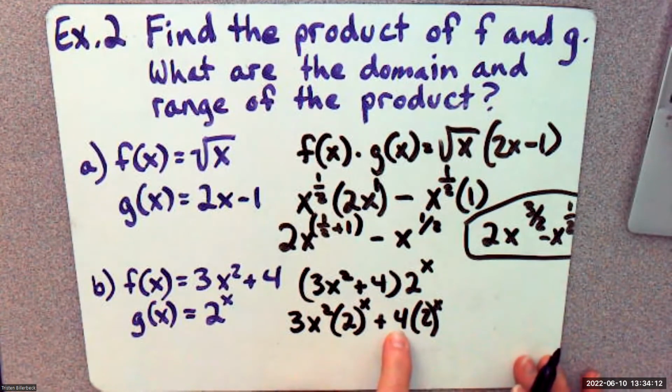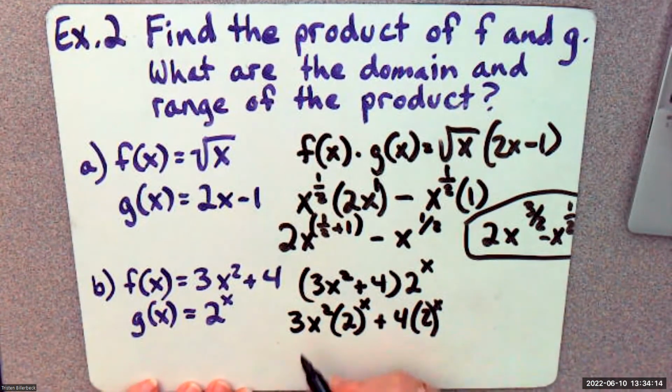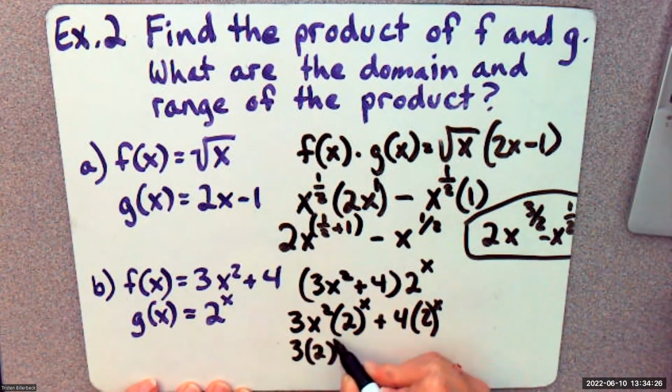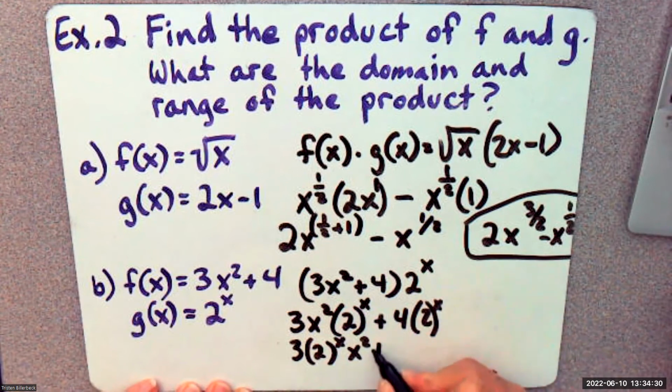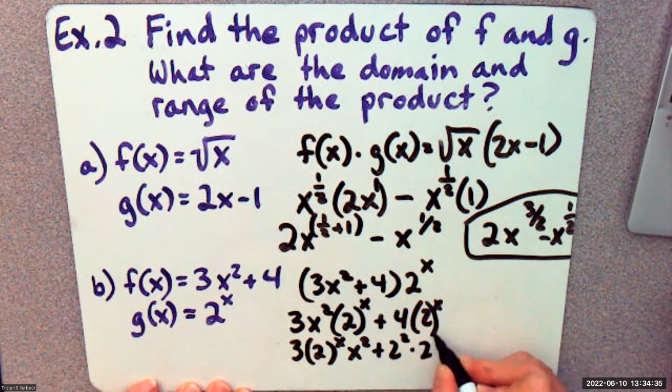Now 4 is 2 squared. So we can write 3x squared, and actually, let's move this around here. So it's 3 times 2 to the x, and then x squared, plus 2 squared times 2 to the x.